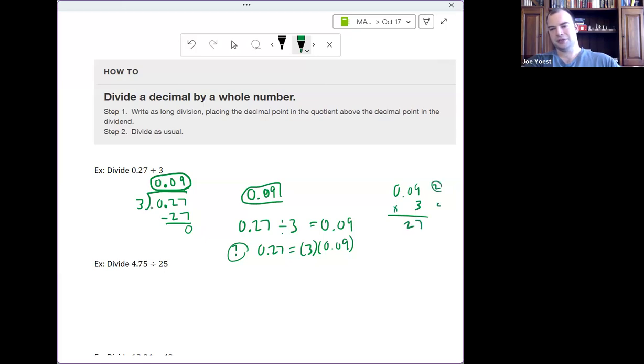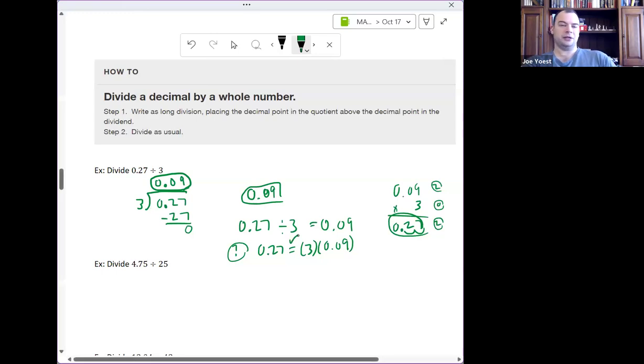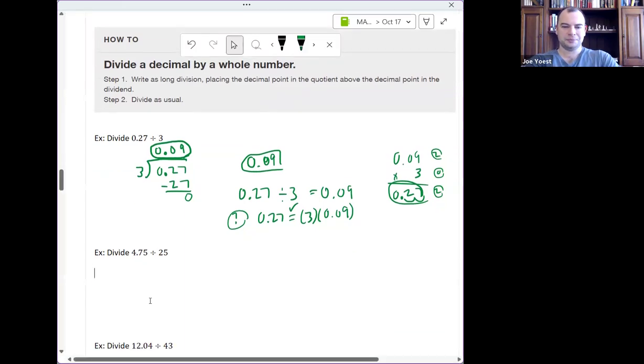I have 2 decimal places and 0 decimal places, so I should have 2 in the answer. 1, 2, 0.27. That does look good. So I can also check my answer with the associated multiplication problem, and that does seem to check out here. So I'm pretty confident in this answer of 0.09.